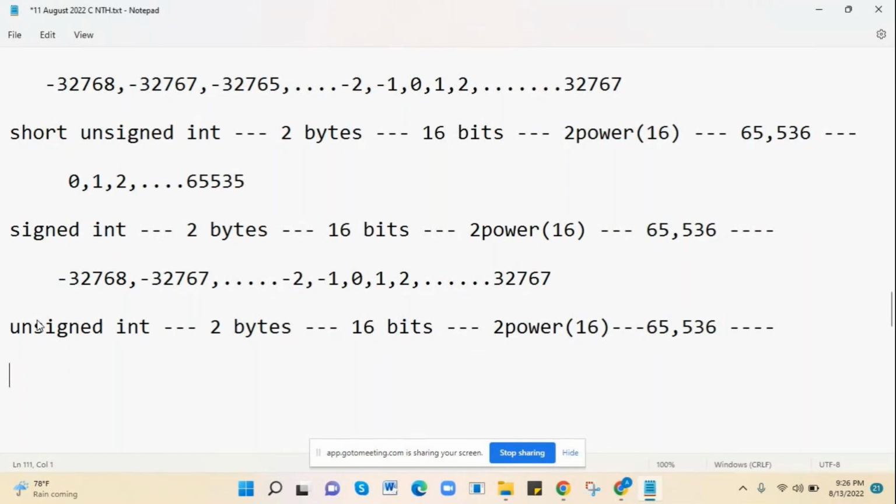Unsigned, so it is nothing but 0, 1, 2, and so on till 65,535. If you see, short unsigned int has the same values, and unsigned int also has the same values. Same memory and everything is the same.